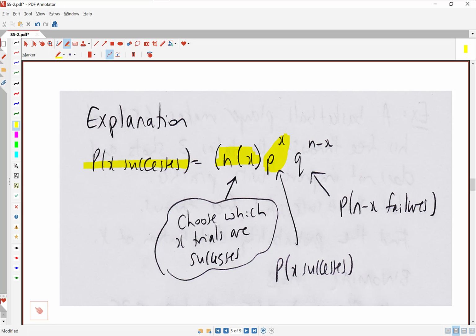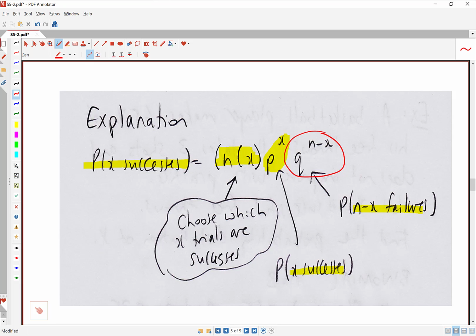So if you've got X successes, then you know you're going to have N minus X failures. So probability of a failure is Q. If we have N minus X failures, then we're going to go Q times Q times Q times Q a bunch of times. So a faster way to say that is Q to the N minus X. So that's where that formula comes from.